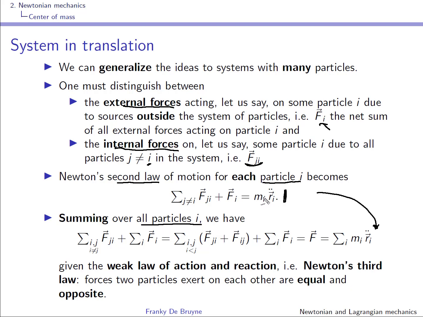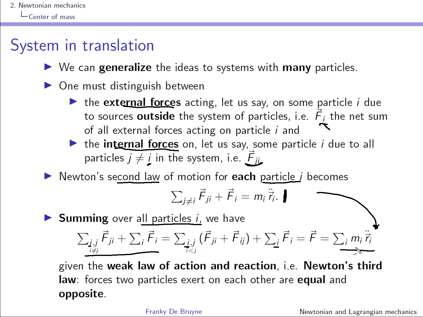This is for just one particle, and now we sum over all particles. This is why you have an index i over here, over here, and over here. So this is equal to the sum of the individual masses times their respective acceleration vectors.